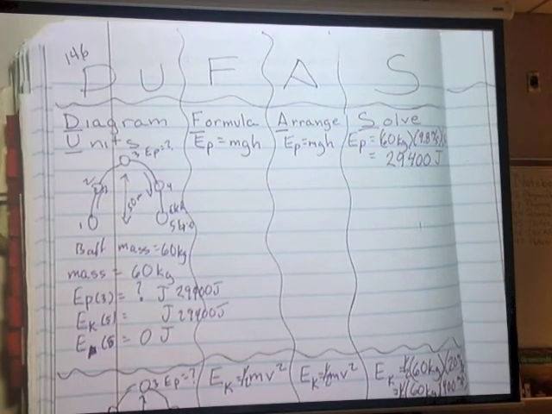Make sure that you realize that those 2 points, the highest point and the lowest point, will be equal in energy because of the law of conservation of energy, but it's going to be a different type of energy. Potential energy will be the most at the top, and kinetic energy will be the most at the bottom.